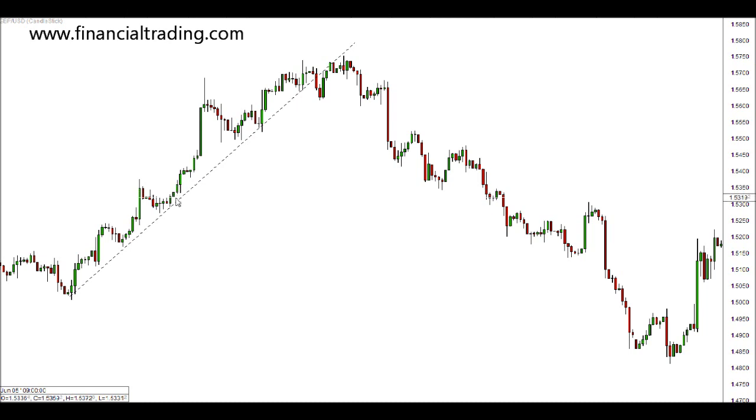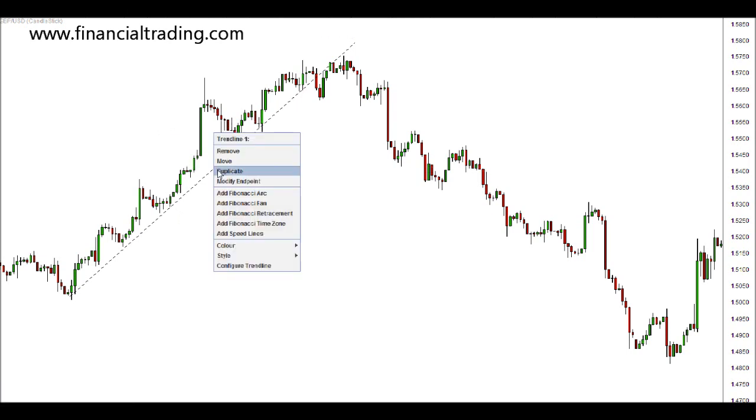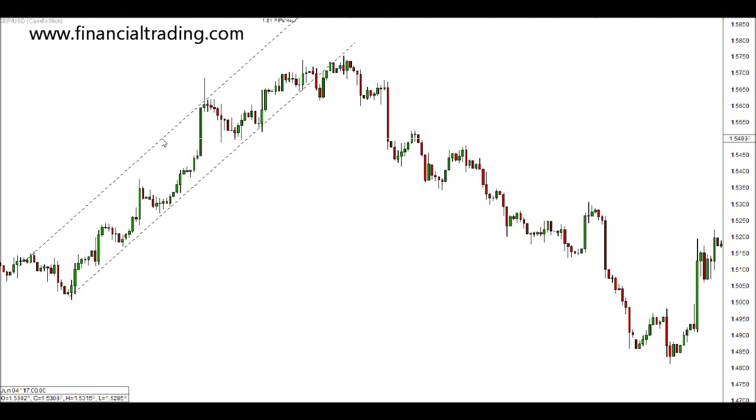With channel support and resistance, where there's support there generally is a resistance, and when there's resistance there's a support. And to form a channel, these support and resistance lines need to be symmetrical. So if we duplicate our support line, we can place it as a resistance and form a channel.